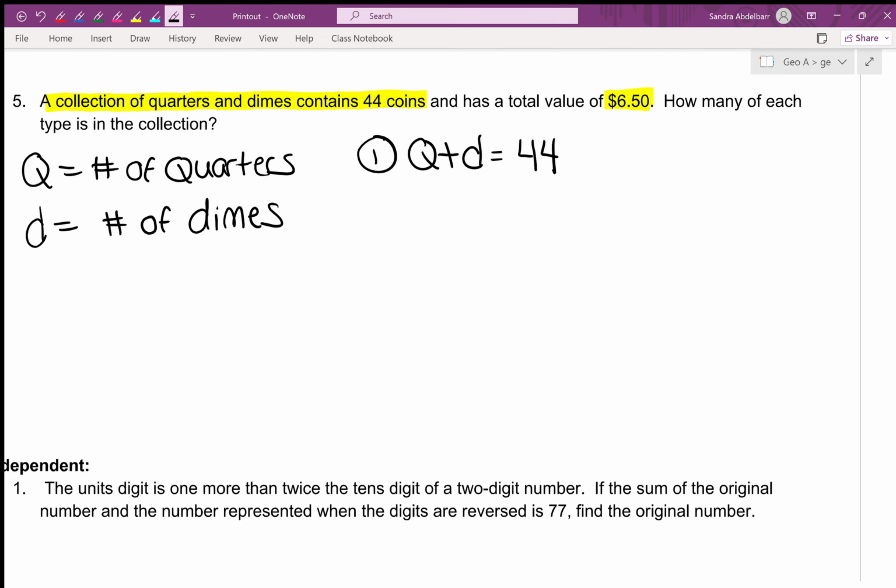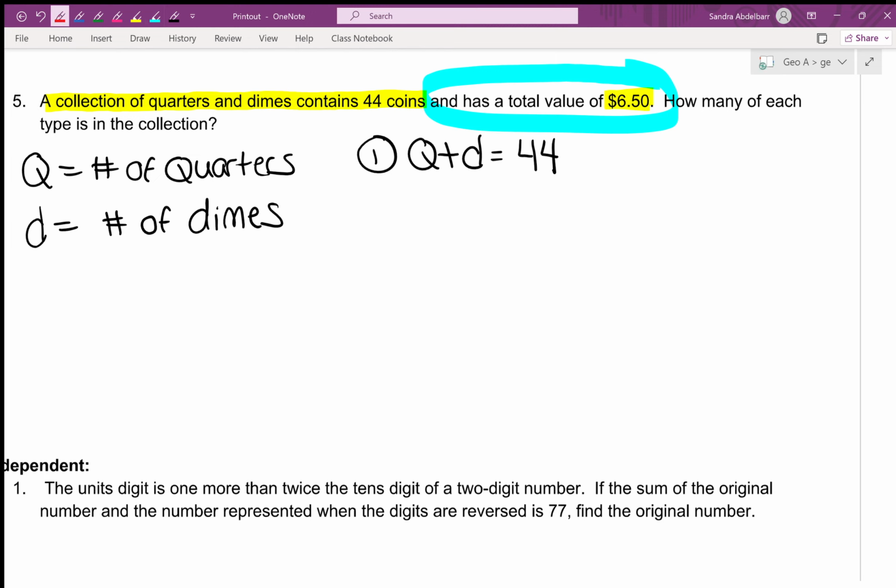But now it says it has a value of $6.50. That makes a big difference now. Now we're talking about the value, right? A quarter is worth how much? 25 cents. A dime is worth how much? 10 cents. So what I'm going to do is put this all in terms of pennies.